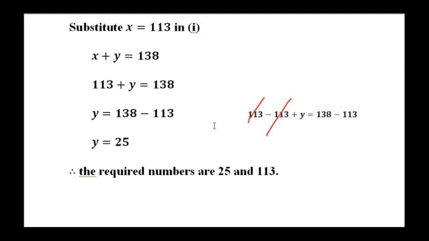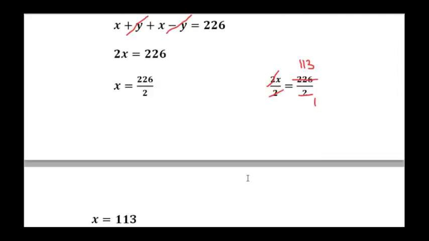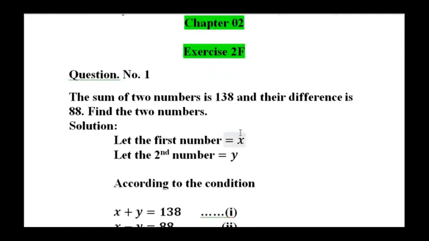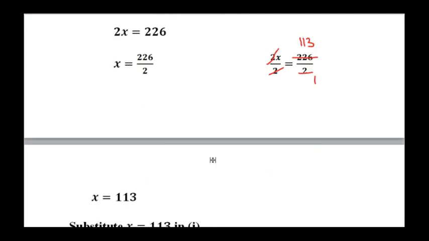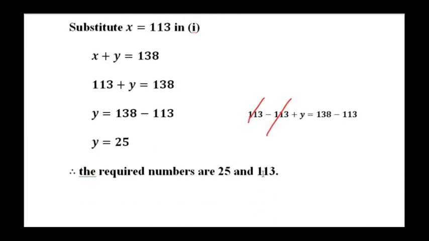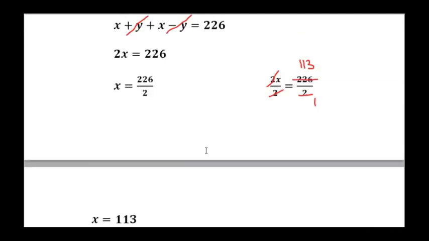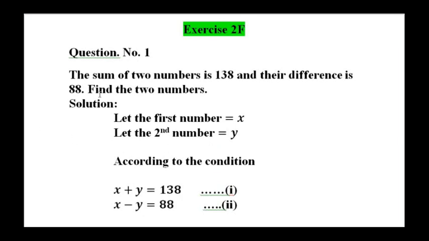So we have y equals 138 negative 113, which is 25. Therefore, the required numbers are 25 and 113. If we add these two numbers, their sum is 138. And if we subtract these two numbers, 113 minus 25, we get 88.